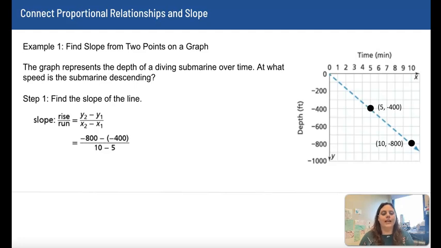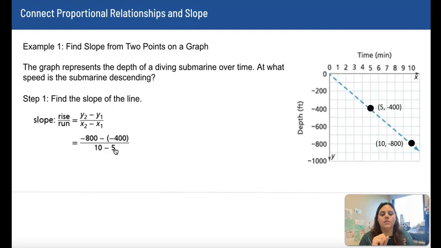Here we can get that our point number 2 is (10, negative 800). So you see that here my y is negative 800 and my x is 10. Point number 1 is (5, negative 400). So I have negative 400 for y and 5 for x.